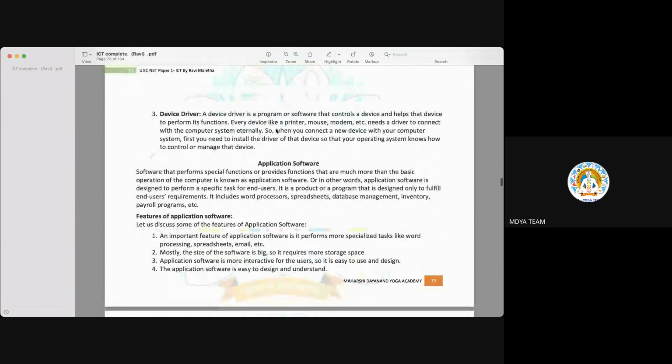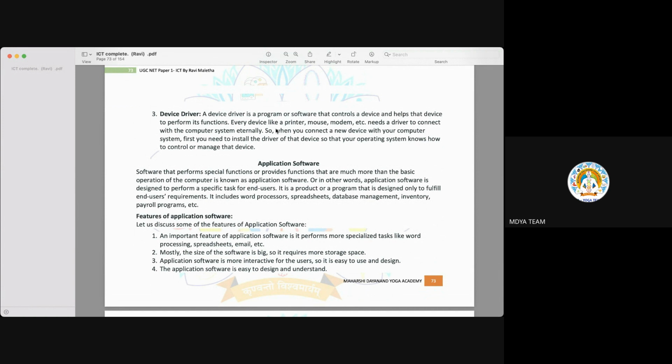Then device drivers. A device driver is again a program or software that controls a device and helps that device perform its function. Every device, like a printer or mouse or modem, needs a driver to connect with the computer system, externally or internally. They need some instructions: you have to perform a certain job, you have to do this, you have to stop here.